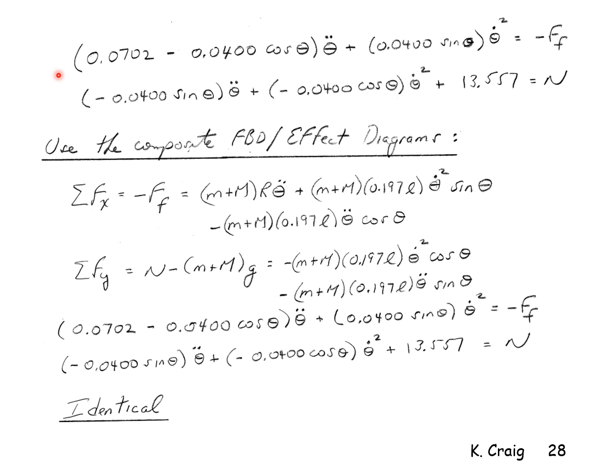To continue with the practice of substituting in numbers, which I've done here just for simplicity and also for comparison purposes, I now have my equations for the friction force and the normal force. If I use the same approach on the composite free body diagram, effect diagram, I get the equation for the friction force, the equation for the normal force.